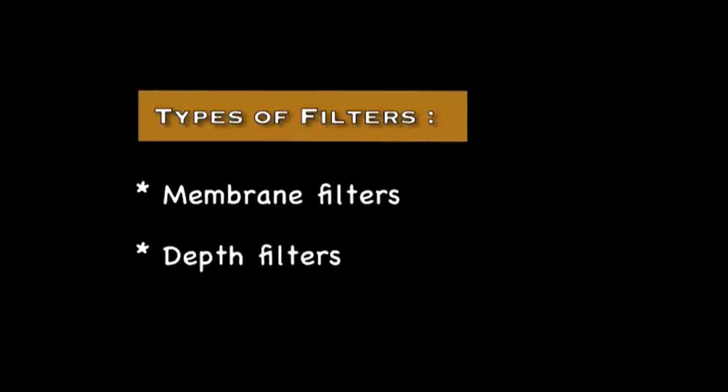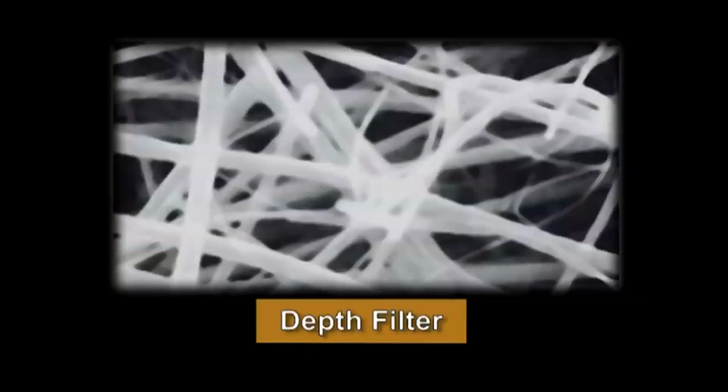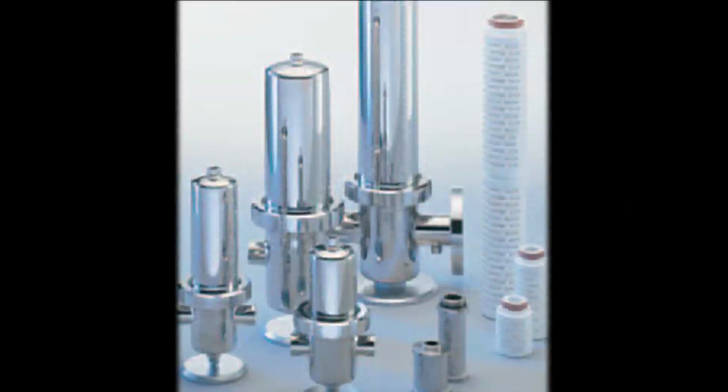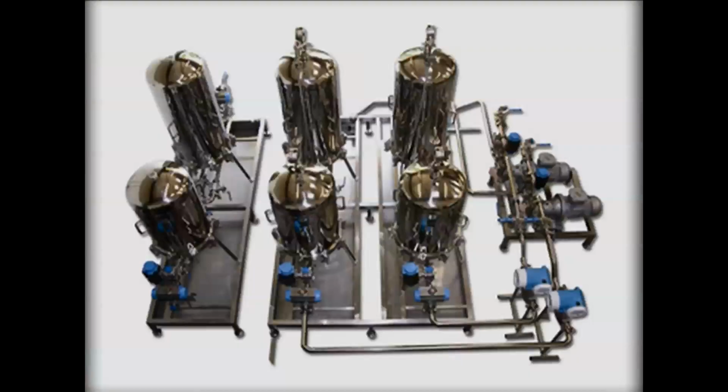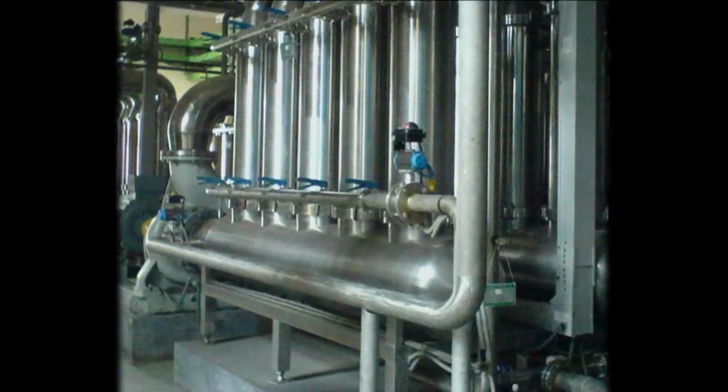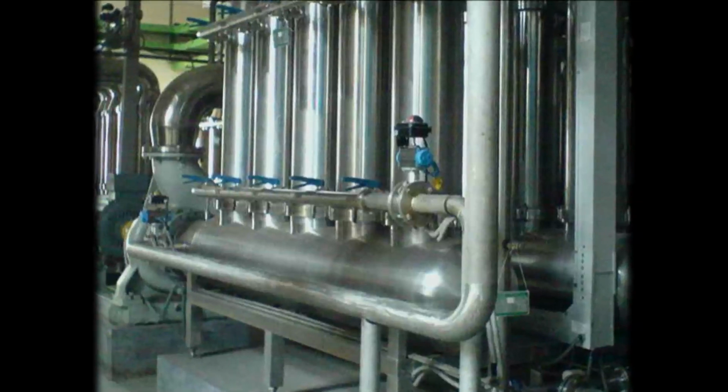Filtration can be of two types. One is membrane filters, second is depth filters. Depth filters are made up of fibrous material which comprises an array of either papers or borosilicate fibers. These are utilized to get rid of particulate matter and they are used precisely in laminar air flows or in cleaning of air in industries, for sterilization of air in industries.